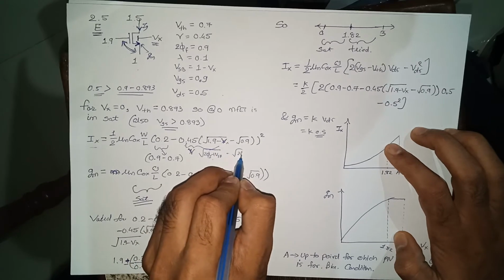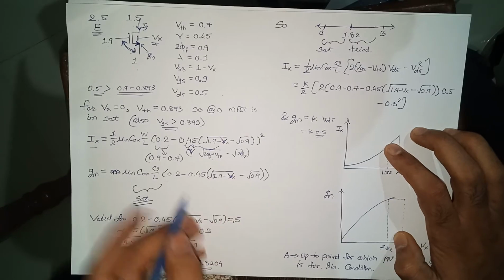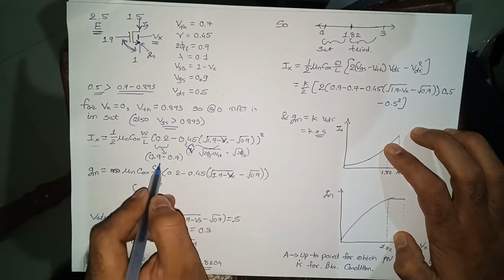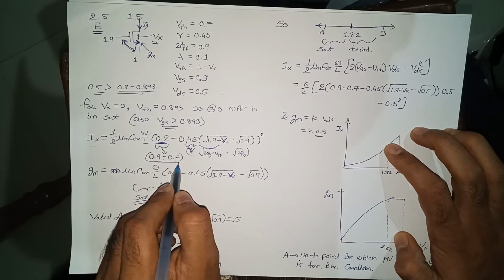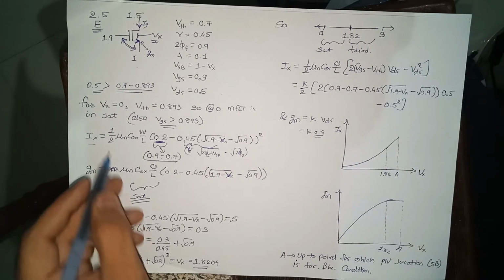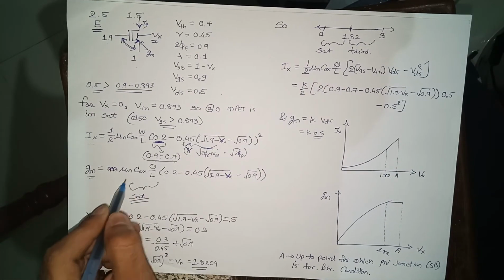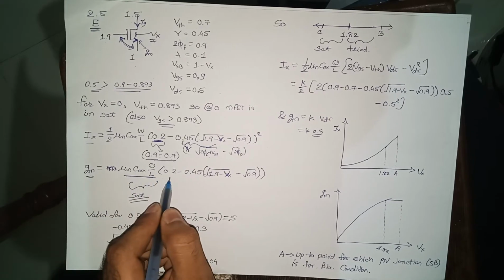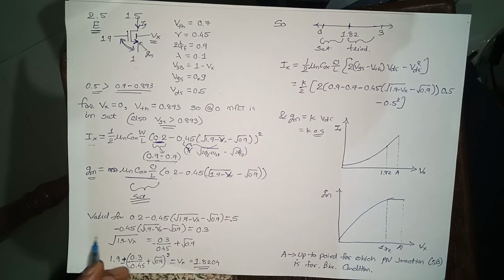This is minus 2 Fermi potential, so don't confuse between these values. Okay, so this is VGS minus VTH square basically, and this is 0.9 minus 0.7, the 0.2. This is the representation of 0.9 minus 0.7. Okay, so this is the equation of Ix, and Gm is K, that is this whole term, minus VGS into VGS minus VTH.